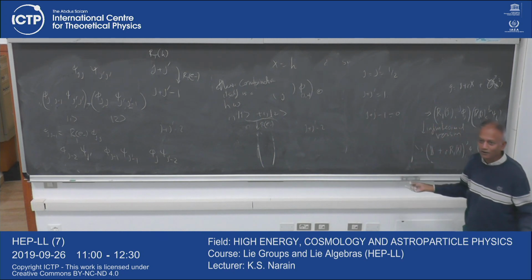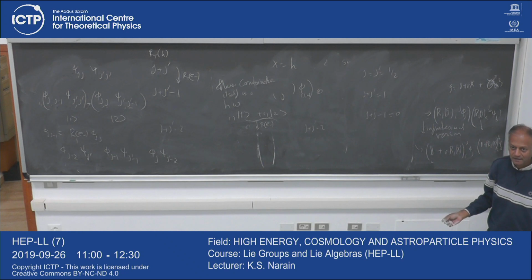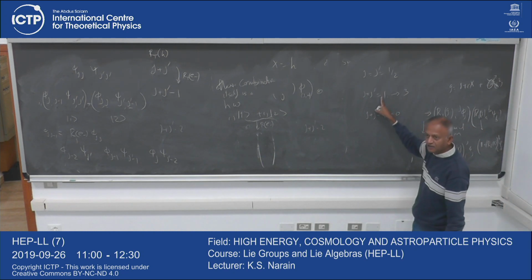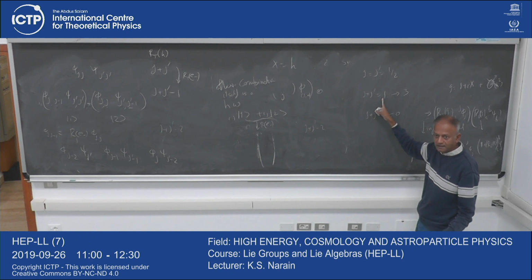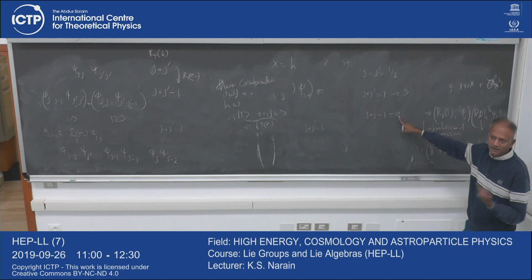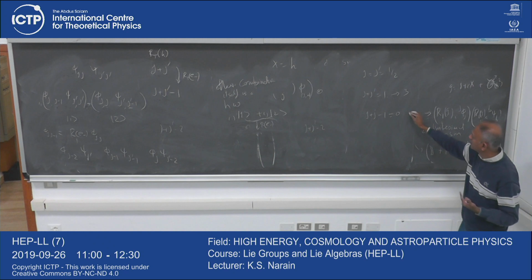And that's it. You cannot go beyond that, because j has to be non-negative. And indeed, that's all, because the dimension of spin 1 is 3, with m quantum numbers plus 1, 0, minus 1, whereas spin 0 is just 1 state, the singlet.